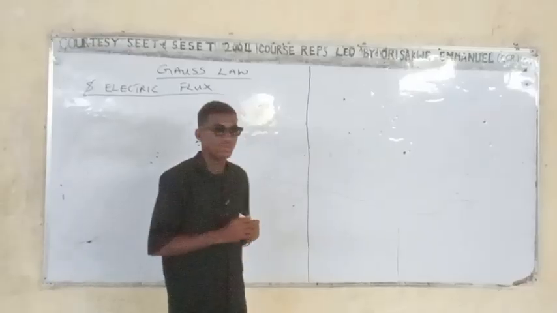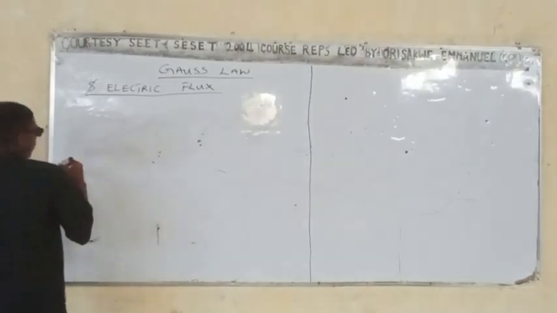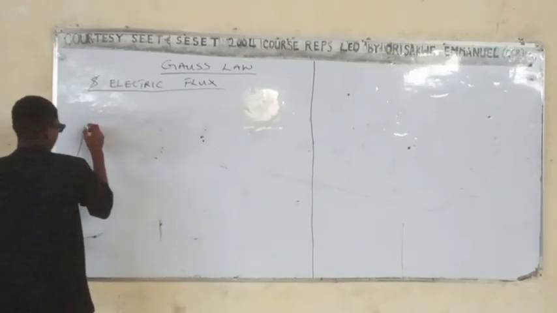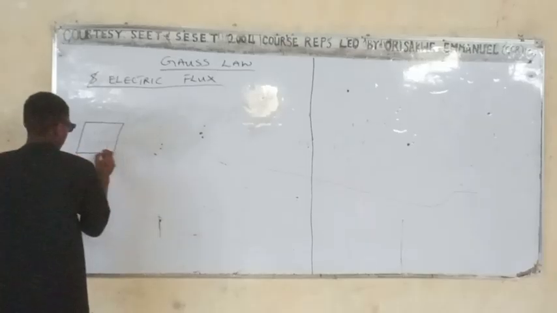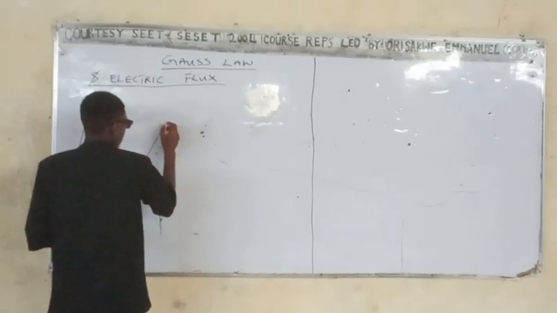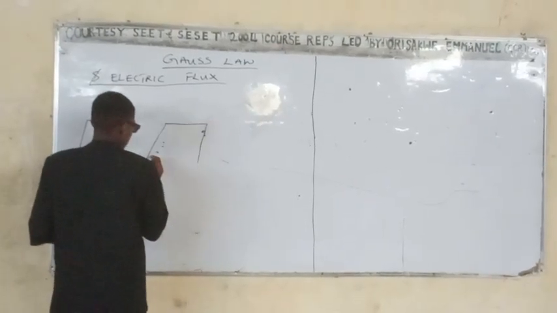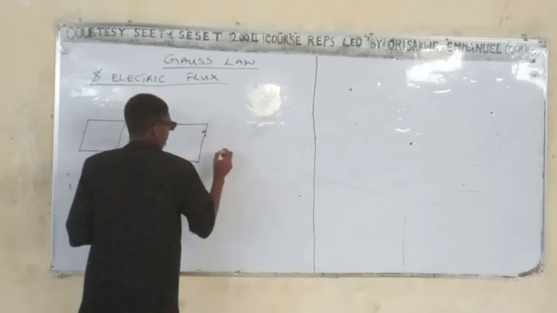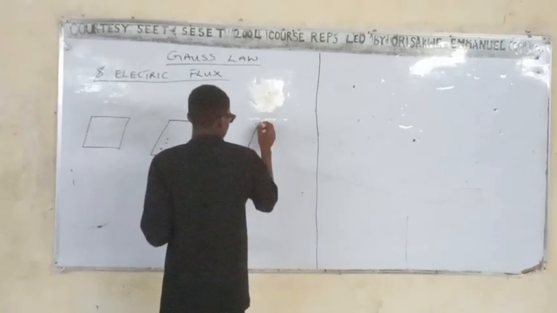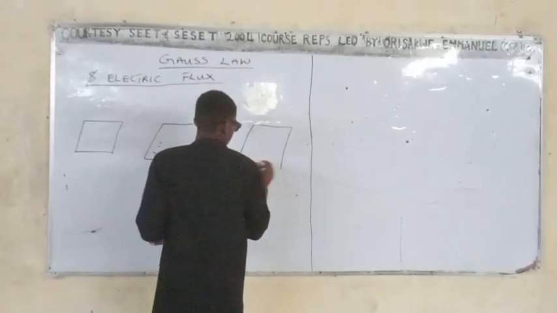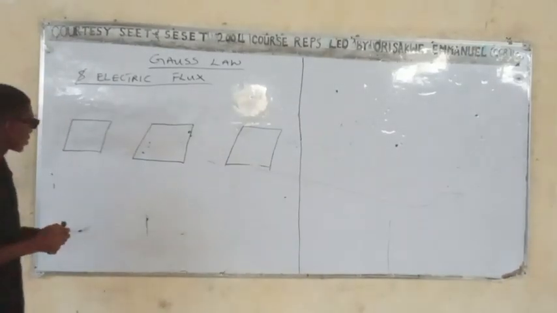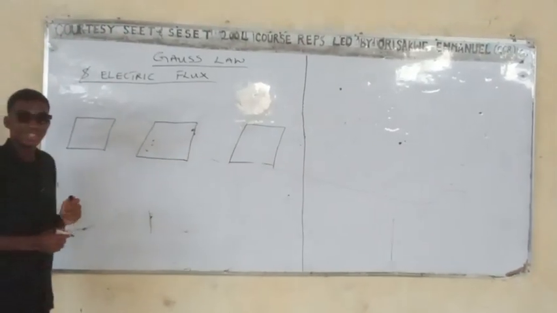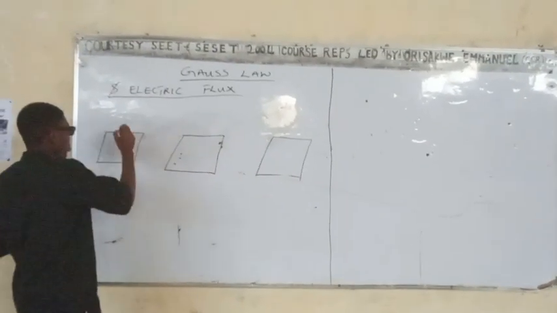Now, take another scenario. Imagine you have three surfaces: surface 1, surface 2, and surface 3. For surface 1, the electric field is acting perpendicular to the surface.